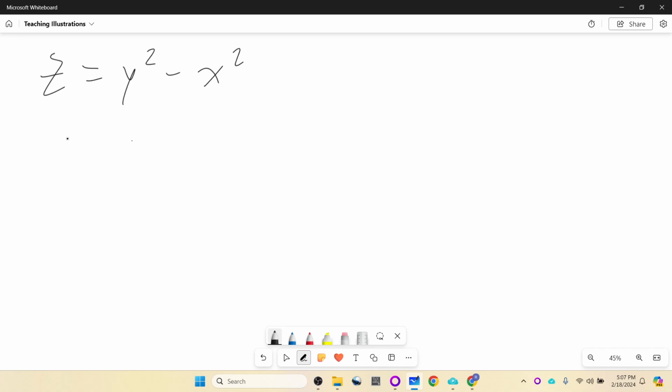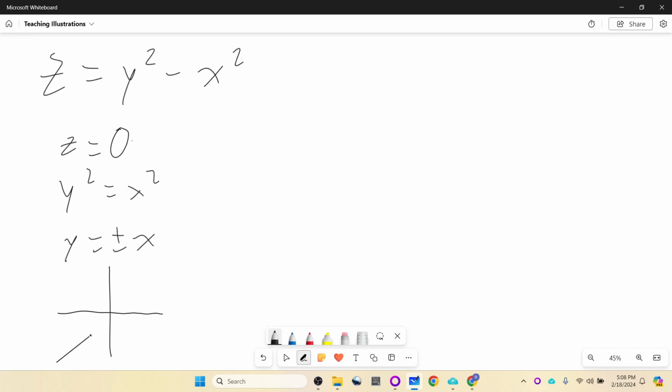So let's say z equals 0. Then that gives us y squared equals x squared. So y equals plus or minus x. So these are the zeros.